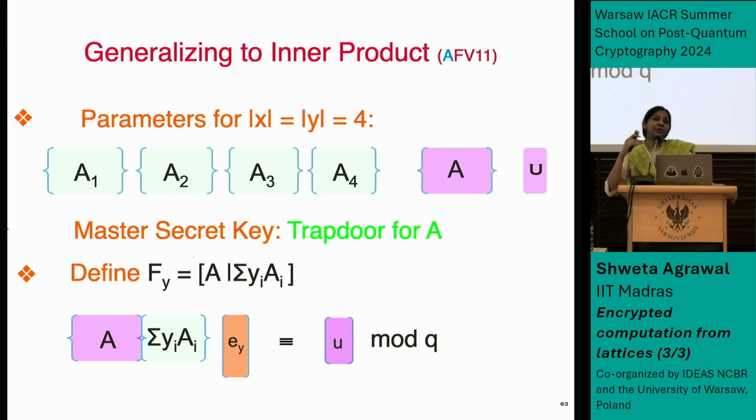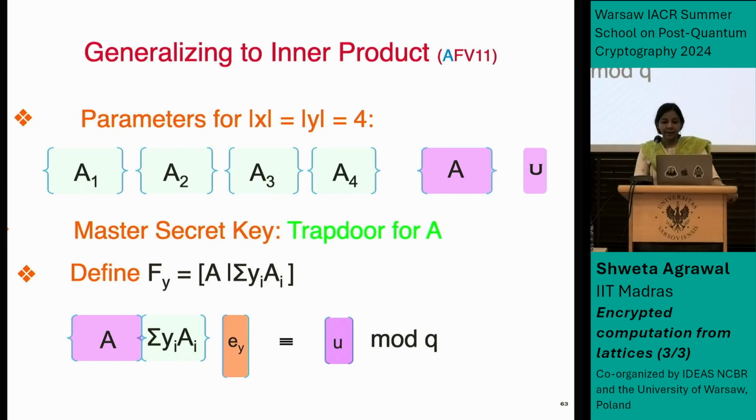So the encryptor will try to give you things that allow you to get sfy plus noise. So let's just stare at fy. And the key for this y is going to be a short ey such that this matrix times this is u mod q.